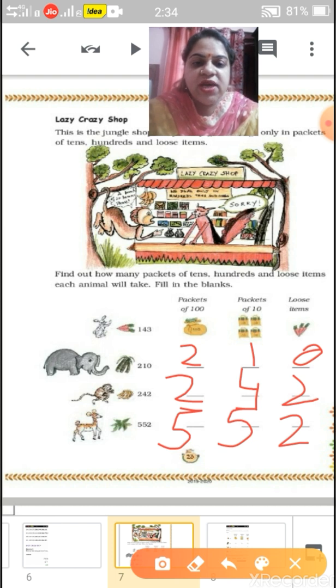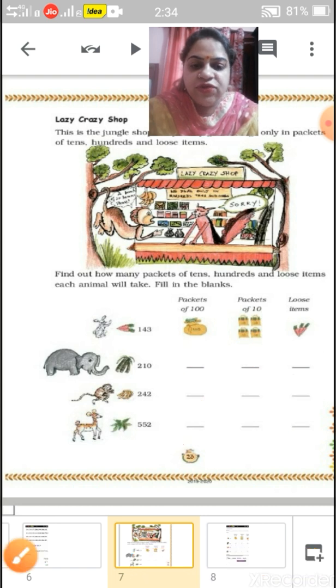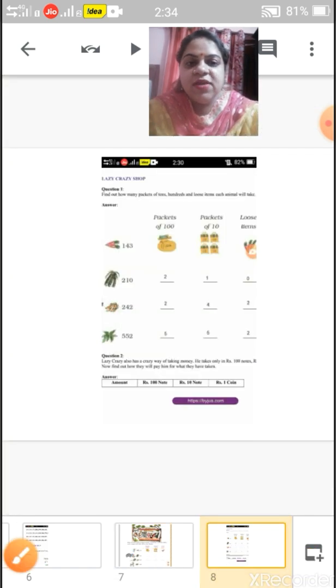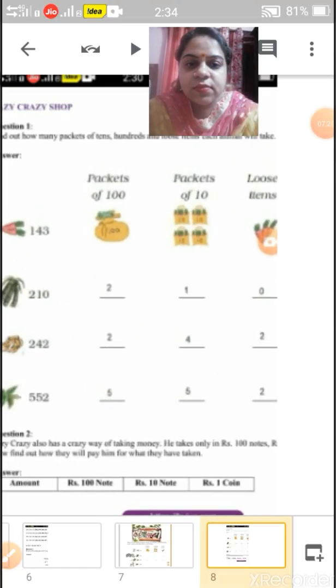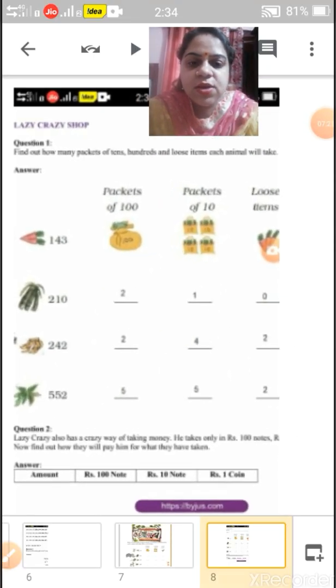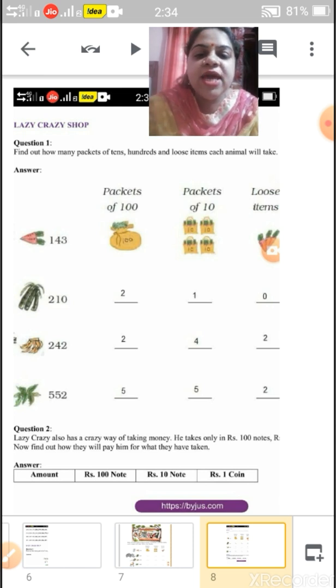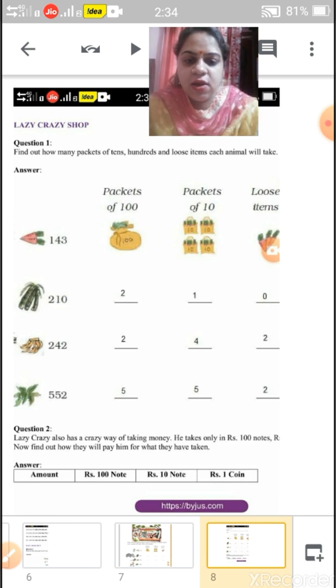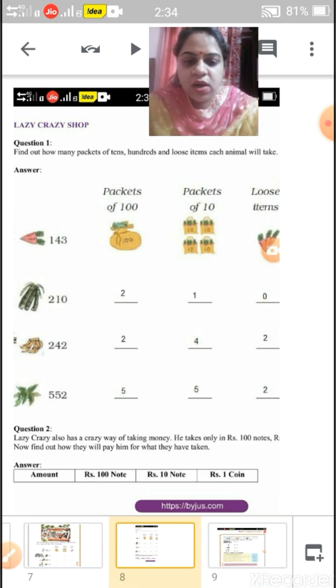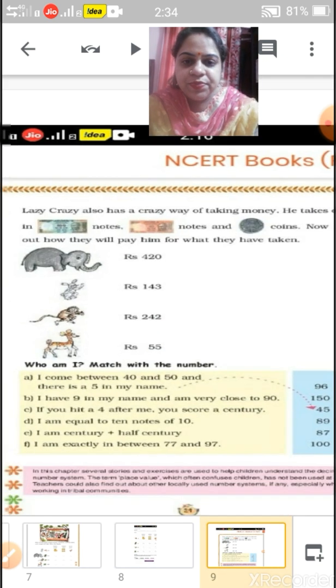So 500 plus 50 plus 2 is equal to 552. So children, let's have a look at our solution. This is your solution. How will you do this? Same, you can take any other number and you can do that also.